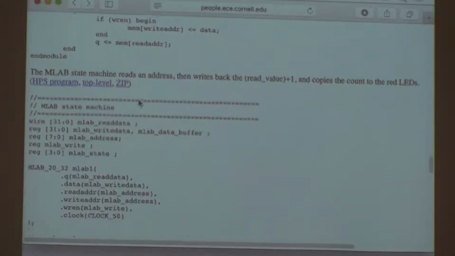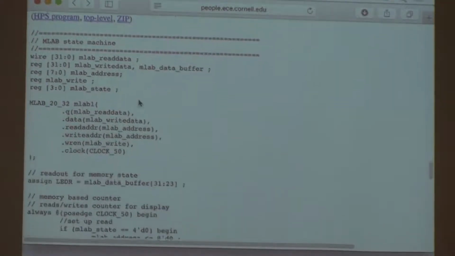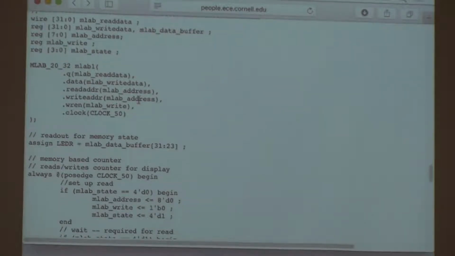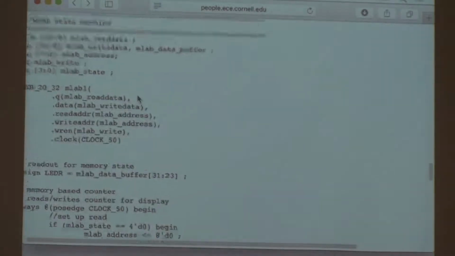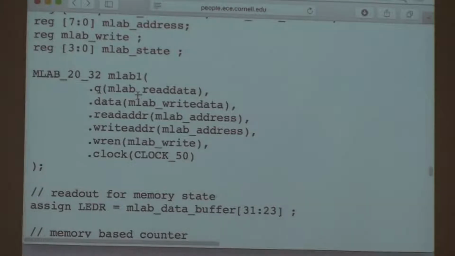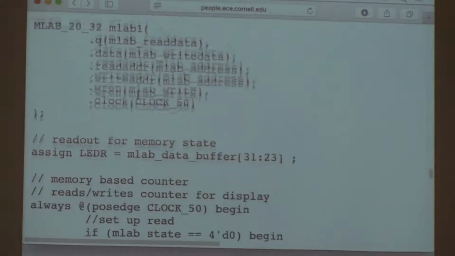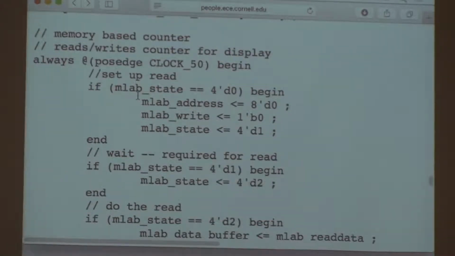And the state machine for doing this is extremely straightforward. You connect up the MLab block with no difference between it and M10K block. Then the memory-based counter is just 4 states.